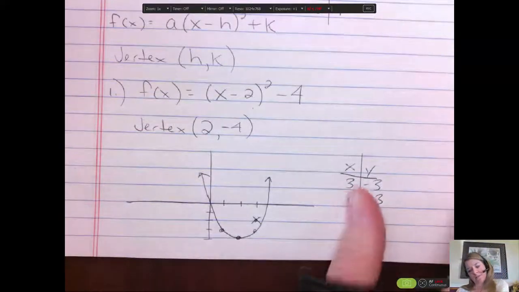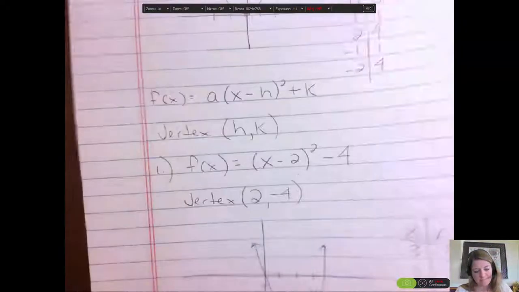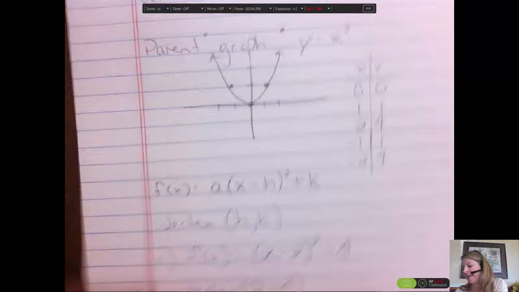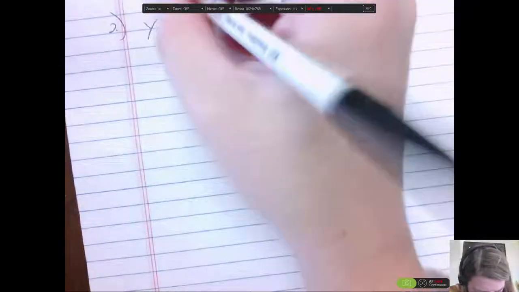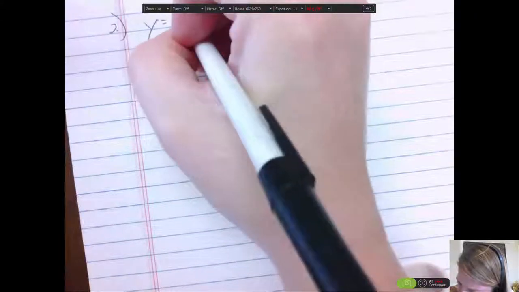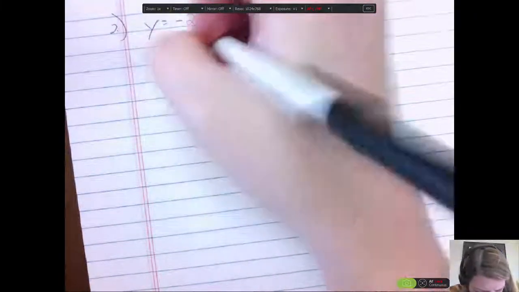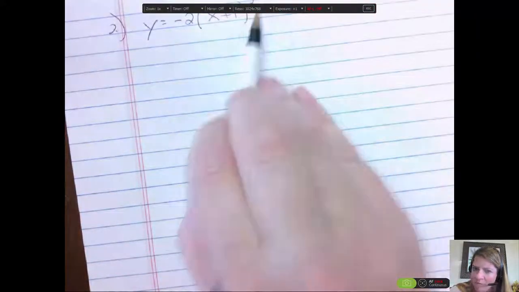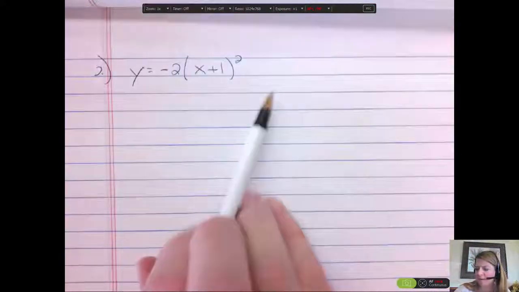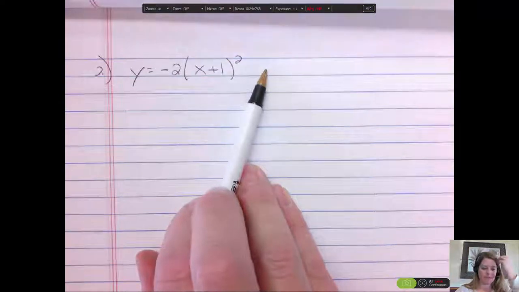Okay, so let's look at a couple if we add in that A number. Okay, so if we add in the A number, we'd look maybe like, well, you can use a y or f of x. Let's try a -2, and then maybe x plus 1 squared. And I'm going to leave off the number here, just to give us an example of one like that.